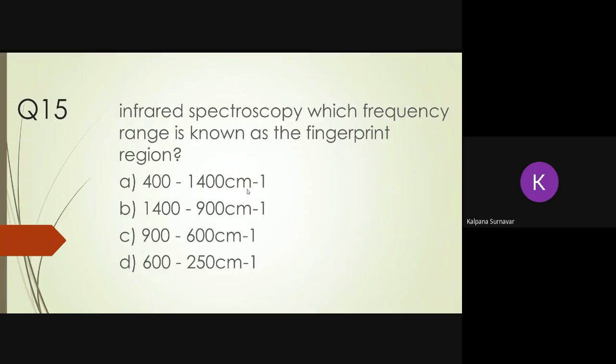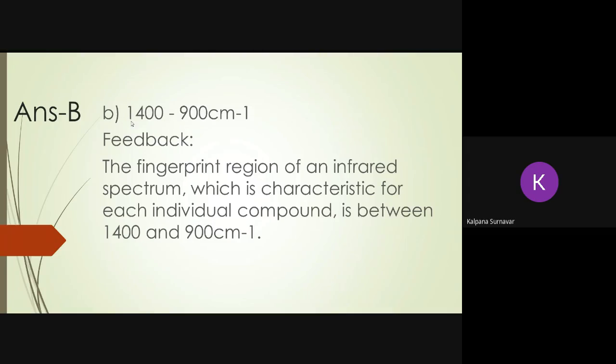See carefully, the values here are of frequency, not of wavelength. So the answer is 900 to 1400 per centimeter. This is the fingerprint region of an infrared spectrum, and each molecule or compound has a characteristic property, its fingerprint.